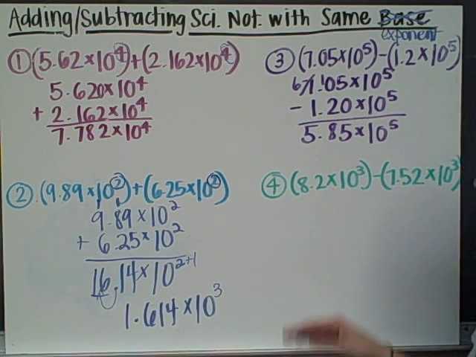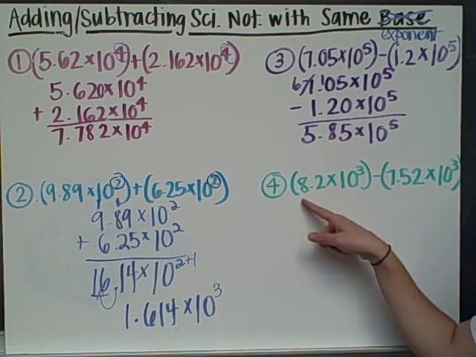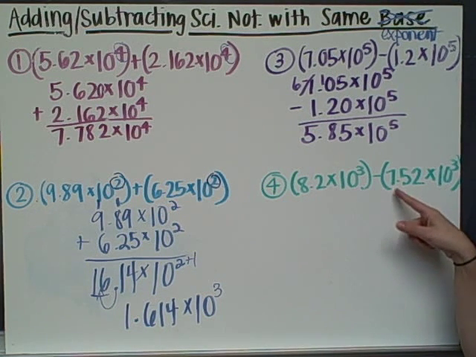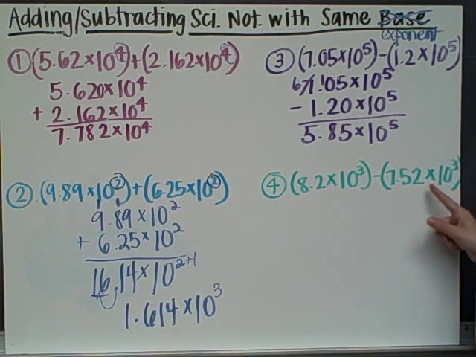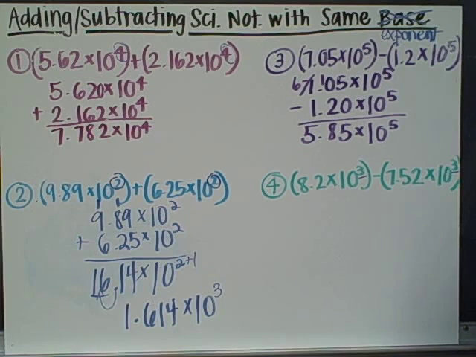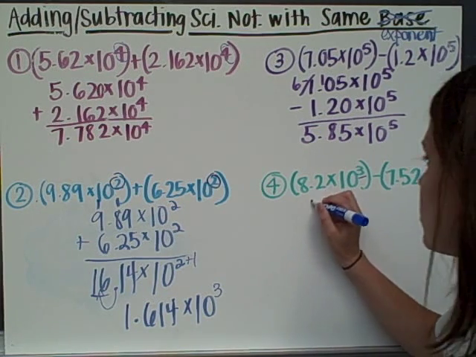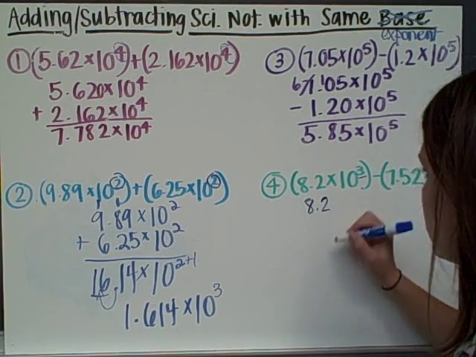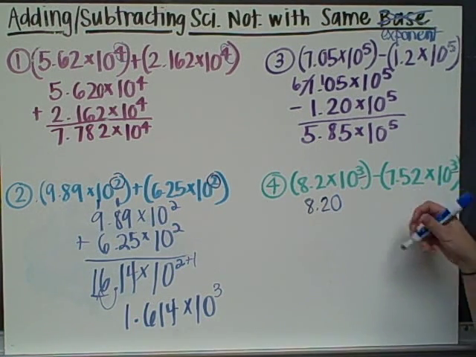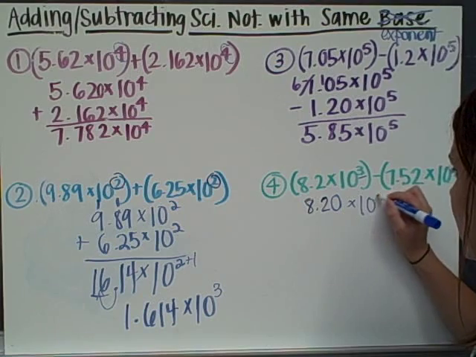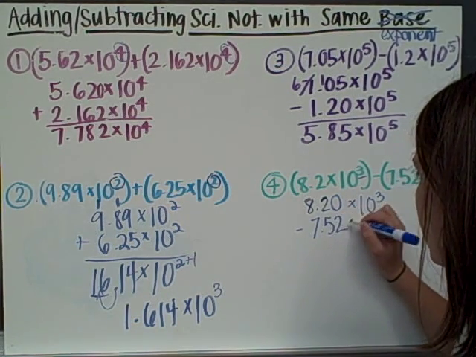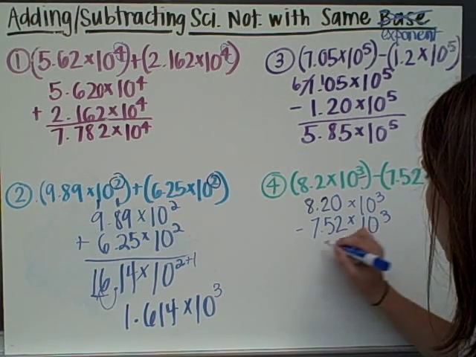So if we look at our next example, we have 8.2 times 10 to the 3rd minus 7.52 times 10 to the 3rd. Our exponents are the same, so all we have to do is subtract. So we have 8.2. I'm going to add a 0 so that we have the same number of place values, times 10 to the 3rd minus 7.52 times 10 to the 3rd.